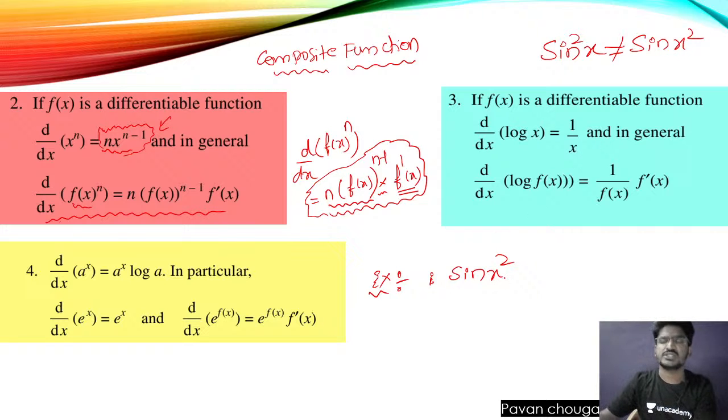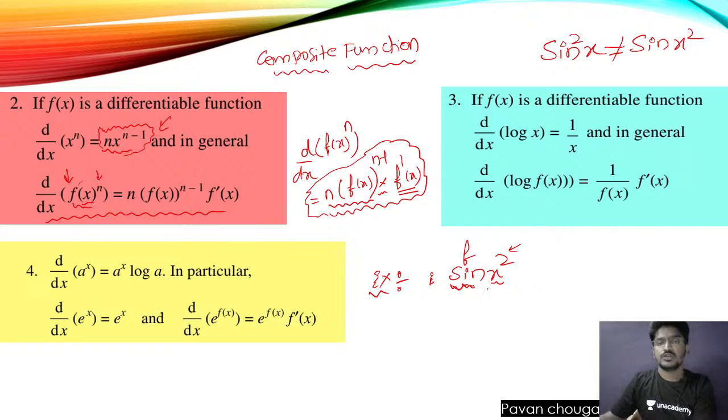Sin x square is different, sin square x is different. Clear? Here f is sin, x is x itself, n is 2.